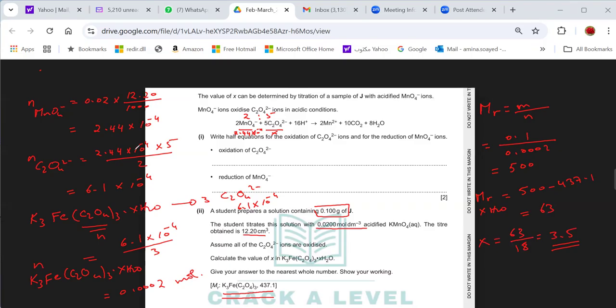From the mole ratio, it will be divided by 3. So 0.002. This is the number of moles. Number of moles equals mass over molar mass. So the molar mass equals the mass over the number of moles. And the mass is 0.1 gram.